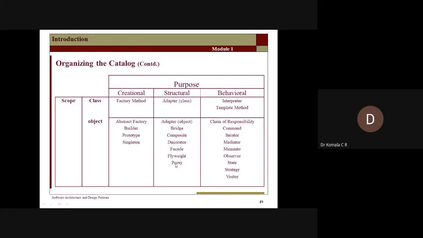Under structural part I have to go for adapter, bridge, composite, and so on. In behavioral part, chain of responsibility, command, iterator, observer. So based on the scope, we select these pattern names under creational, structural and behavioral. So you should know enough information about creational pattern, structural pattern and behavioral pattern. Then only you can go for these design pattern names.